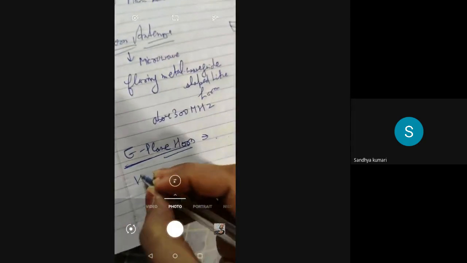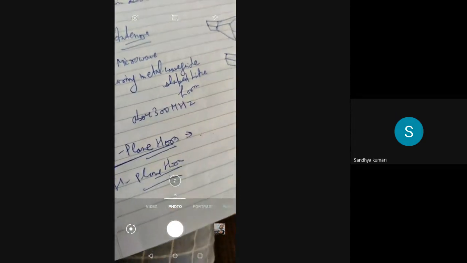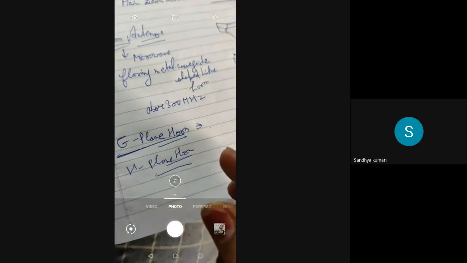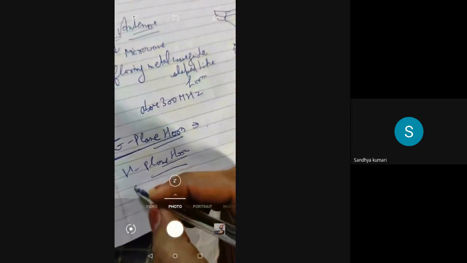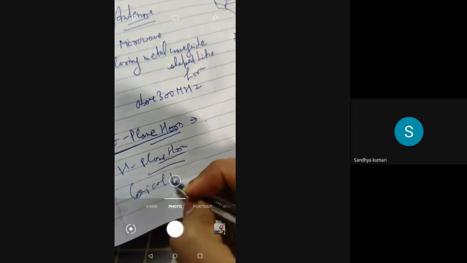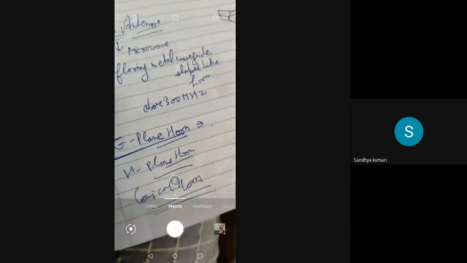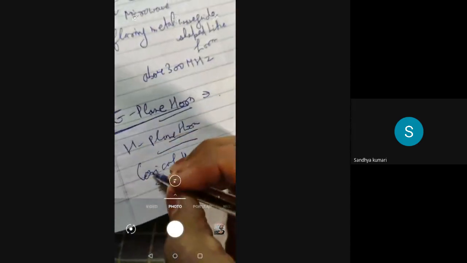If it is an H plane horn, it is a sectoral horn flared in the direction of the magnetic field. A conical horn has the shape of a cone, which is why we call it a conical horn with a circular cross section.